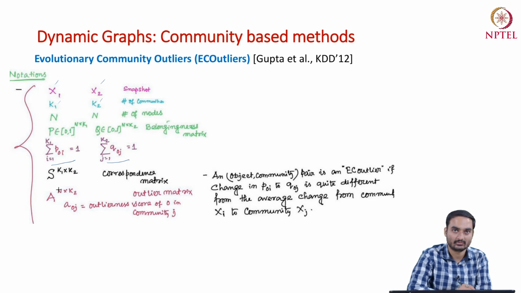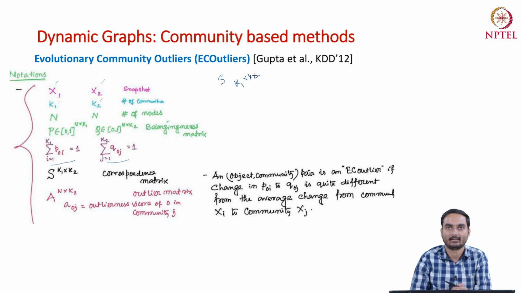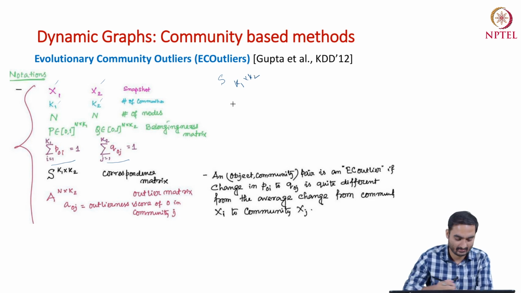Then we introduce another matrix S. S is the correspondence matrix, and this is K1 cross K2, the number of communities in X1 and the number of communities in X2.